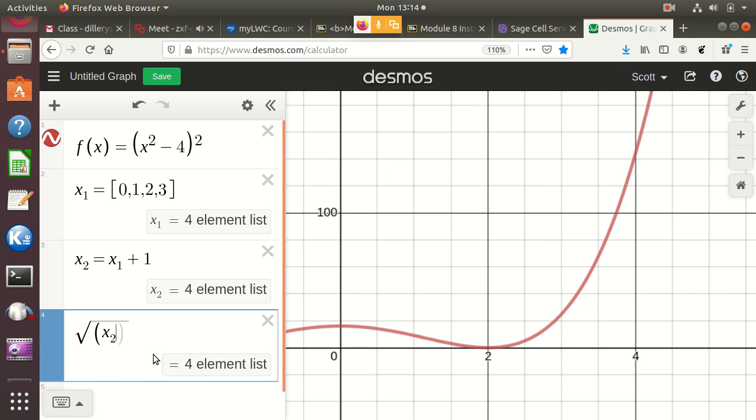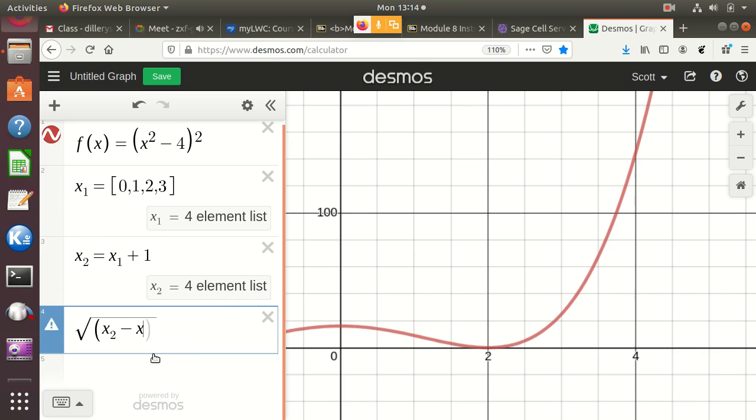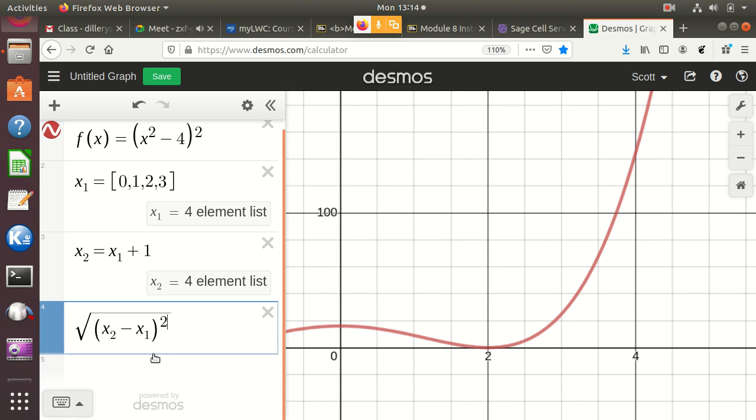Notice it's a 4-element list. It just took the corresponding elements and did their subtraction. And so I'll square that.